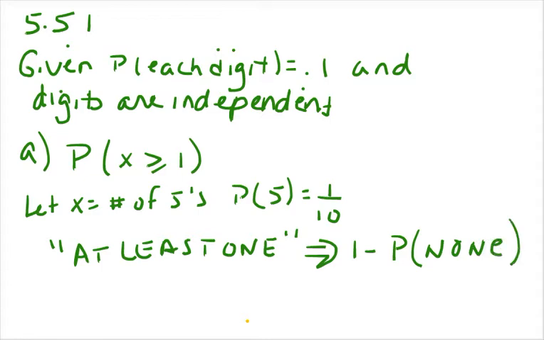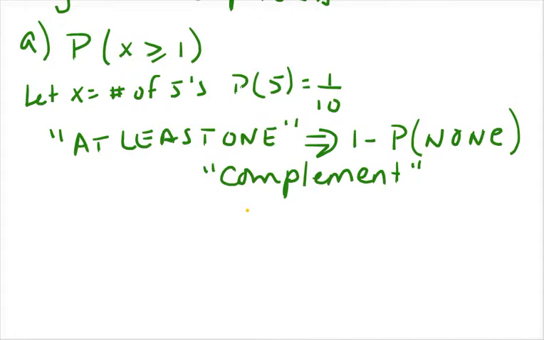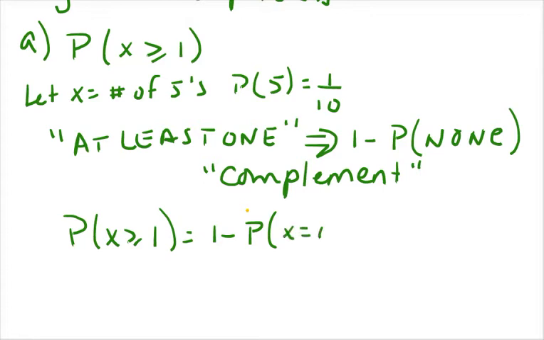We talked about that in class. That's that complement way of solving a problem. So the probability that x is greater than or equal to 1, I'm going to take that approach. I'm going to say that's the same as 1 minus the probability that x equals 0.